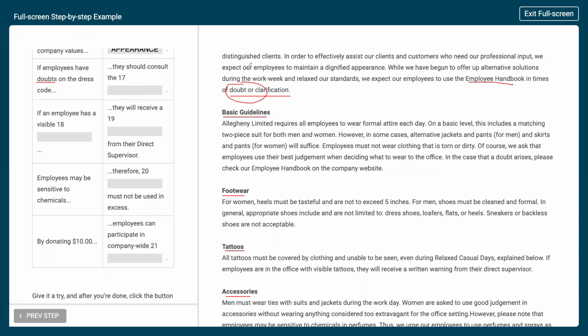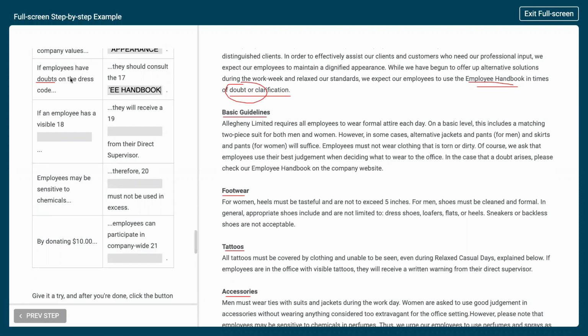And we know that this is talking about the dress code, so it would pertain to doubts on the dress code. So they should consult the, I would say definitely, employee handbook here. It fits within our instructions of no more than 3 words. Note that I'm writing both employee and handbook because it is a specific type of handbook. You see that they're both capitalized, so both of these words are needed.